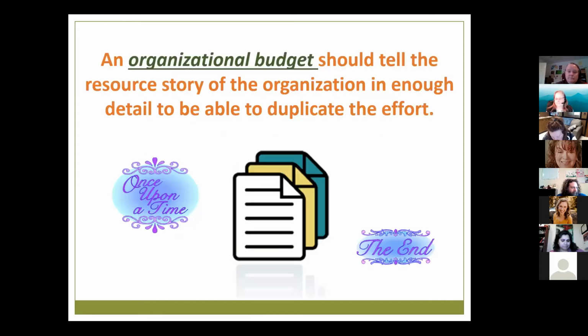Great. Okay. So now we're starting to think about a budget, and I'm going to use the same once upon a time and the end that we had for our grant story with narrative. What I'm saying is, if a budget's done well, then it actually speaks to the person reading it, and it tells the story of what you're going to do in enough detail to duplicate the effort.